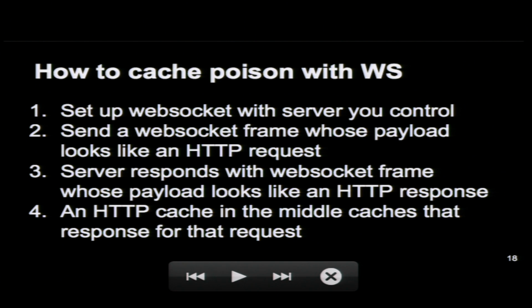And then it'll pass it on through to the server, and the server, because you can control it, can send back whatever evil payload you want to be the response. And the cache will go, oh, I see an HTTP response to go with my HTTP request. I'm happy, I'll save that pair. We'll throw away those extra bytes at the front. Who knows what that was? And then the next time somebody sends an actual request that looked like the one it cached, it will serve up your evil jQuery instead of the real one.